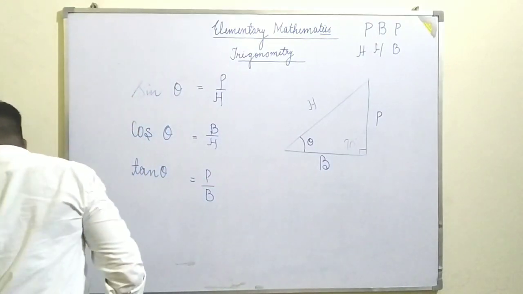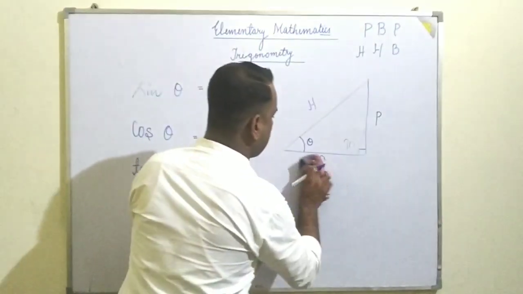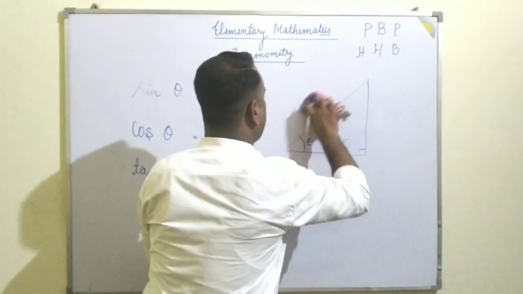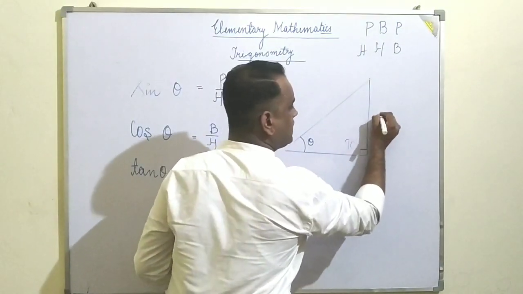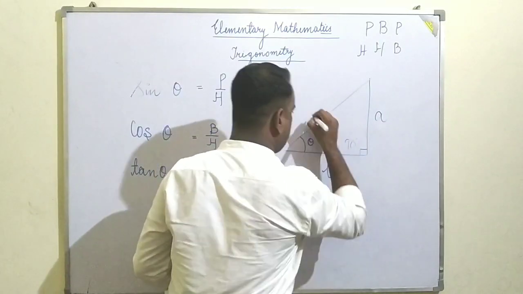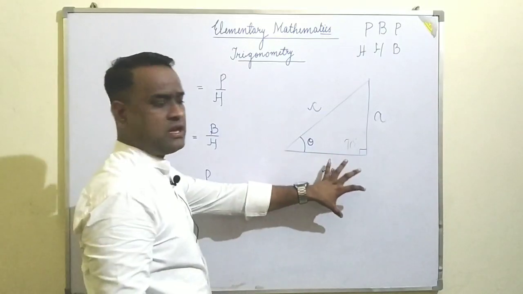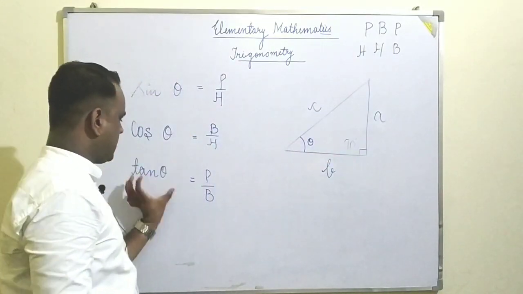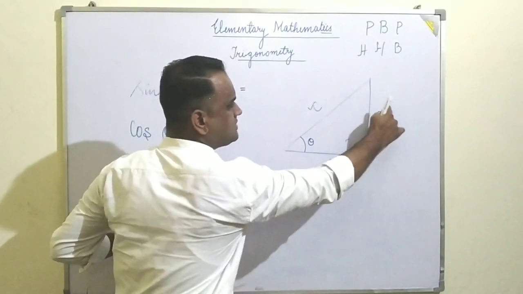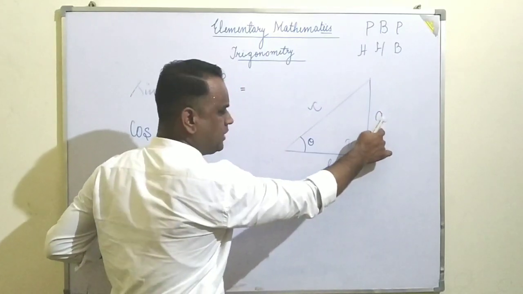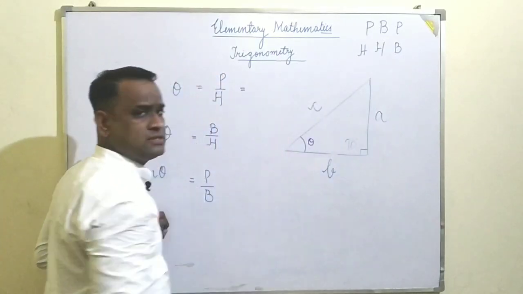Now if someone asks, sir, in place of P, B and H, if you put A, B and C, from this triangle find the value of sine theta, cos theta and tan theta. What is the perpendicular? The side whose length is A is the perpendicular, the side whose length is B is the base, and the side whose length is C is the hypotenuse.